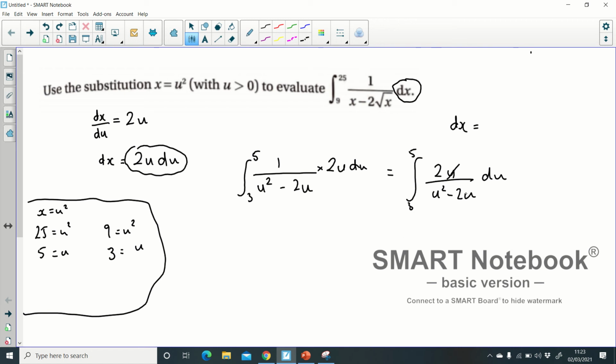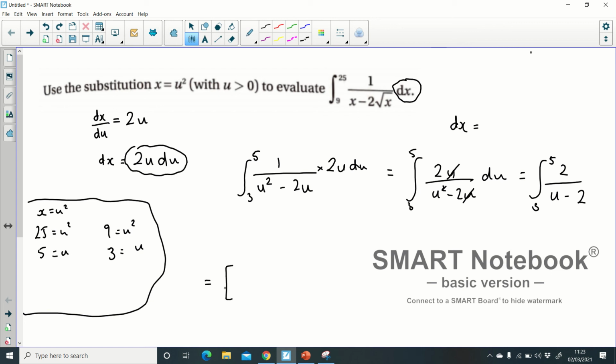There is a common u on the top and the bottom. So this becomes the integral, limits 5 and 3, of 2 over u minus 2. Now there's a couple of ways of doing this, but when you integrate something that is usually 1 over, that becomes an ln term.